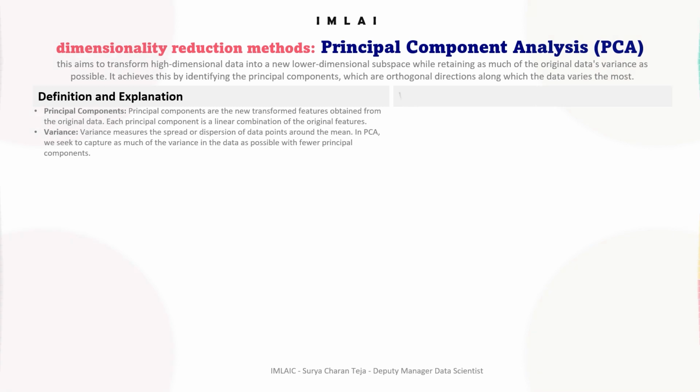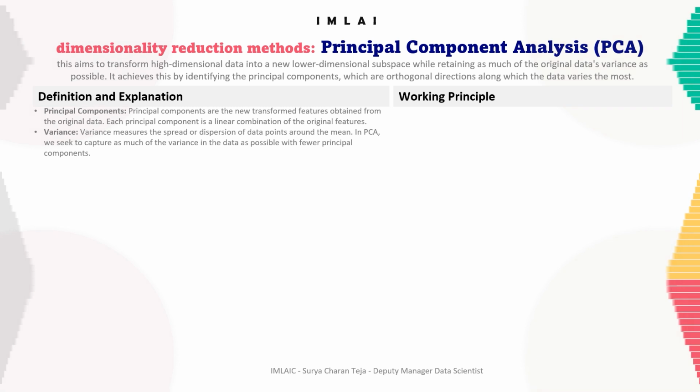Now let's look into the working principle of PCA, how it works. The major things that we have to understand are standardization, covariance matrix, eigenvectors and eigenvalues, principal component selection, and projection. Out of them, let's begin with standardization. What is standardization?